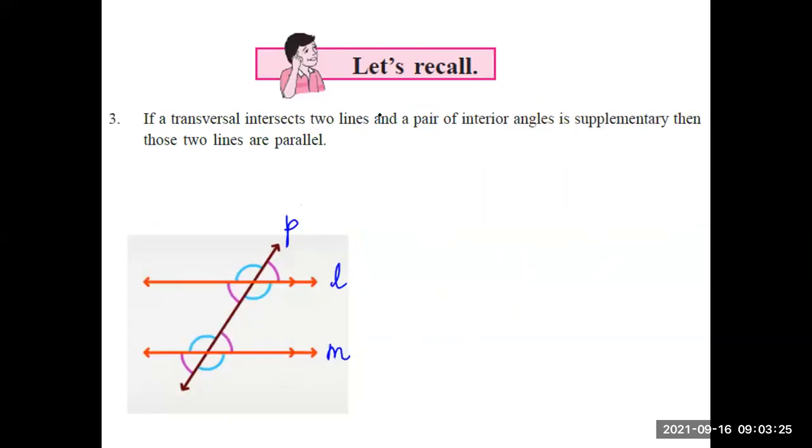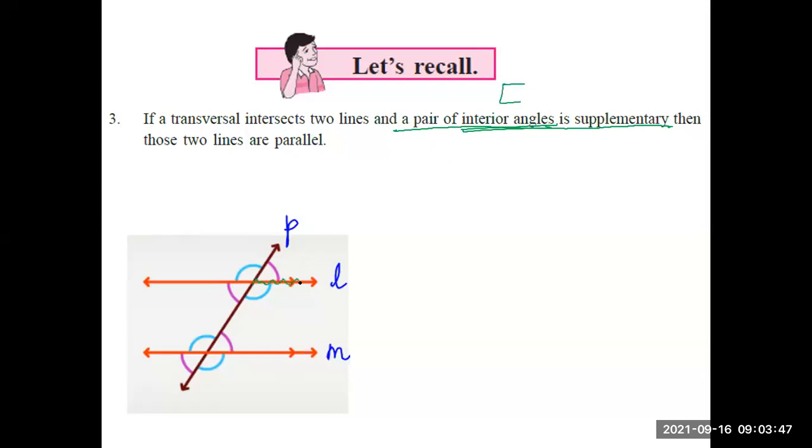Let us look at the third test. Here, if a transversal intersects two lines, P is the transversal and it is intersecting two lines, L and M, and we are given that a pair of interior angles is supplementary. Interior angles, which formation? This is the C formation.